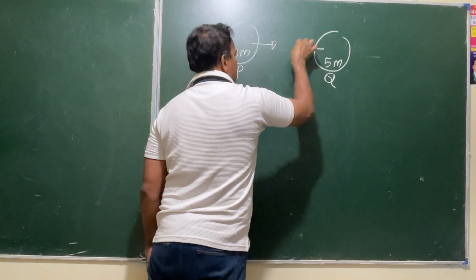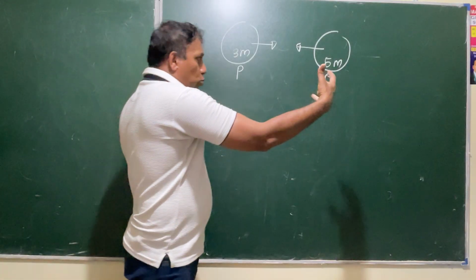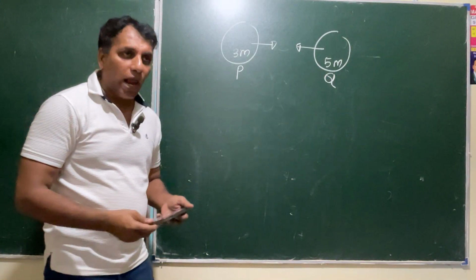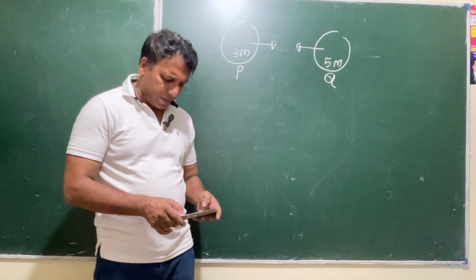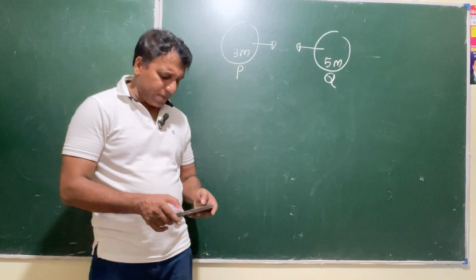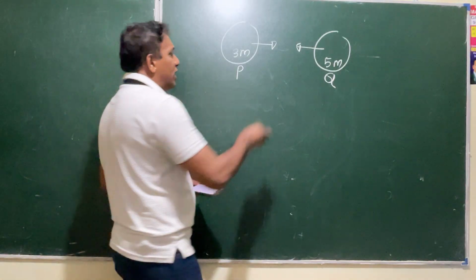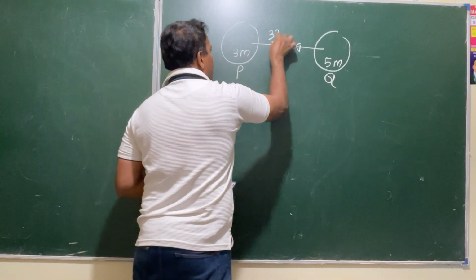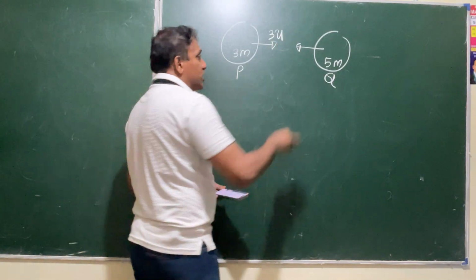They collide and go separately along the same straight line. Immediately before the collision, the speed of P is 3u, and the speed of Q is 4u.